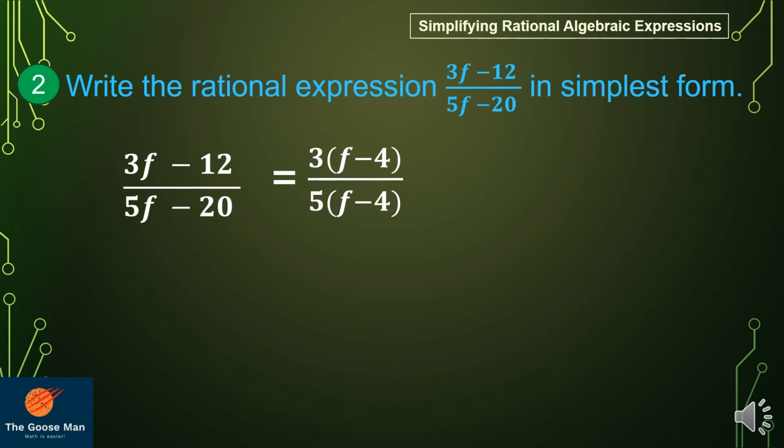Similarly, I have here 5f divided by 5, so I have f, and 20 divided by 5 equals 4. So I can factor out f minus 4, since that is the factor found using the greatest common factor. So the lowest term is equal to 3 over 5. This is the simplest form of 3f minus 12 all over 5f minus 20.